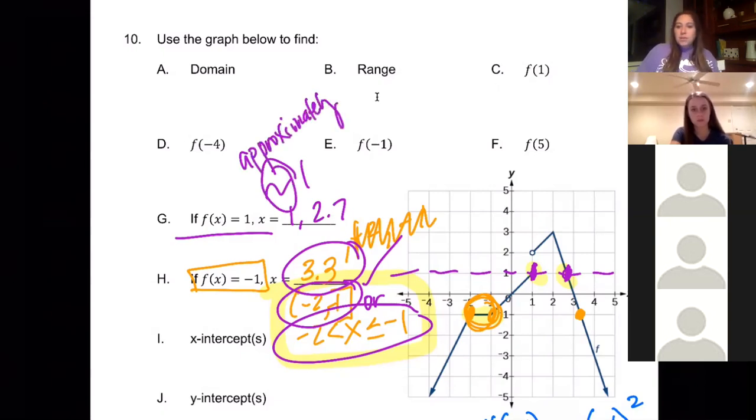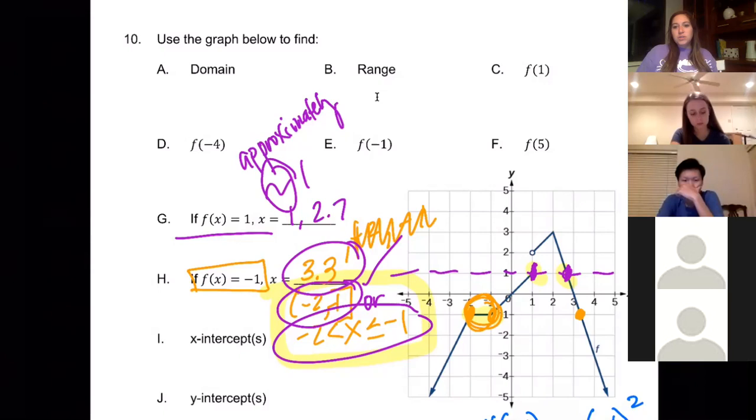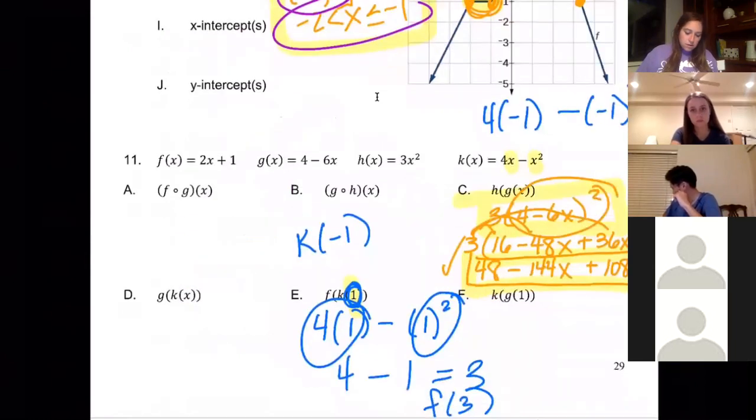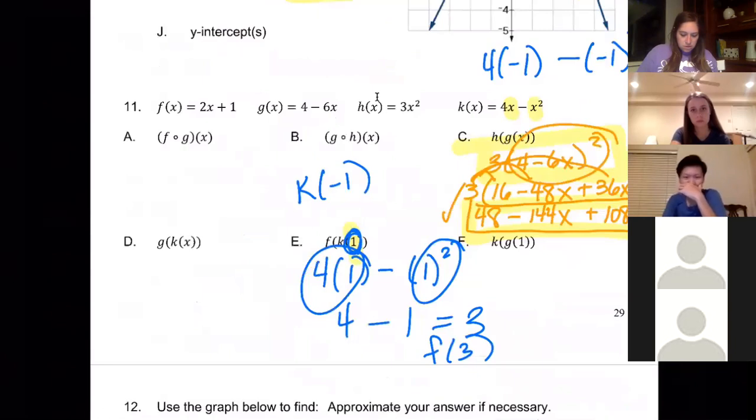But if you choose a number and stick with it, I told you guys I'm going to accept a range of values. So if you just put 1 or 2.7, you don't have to put that little squiggly line.